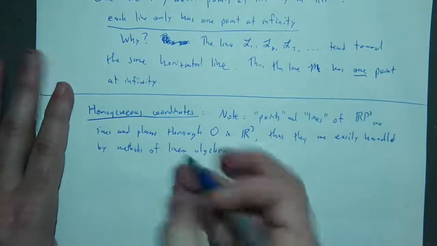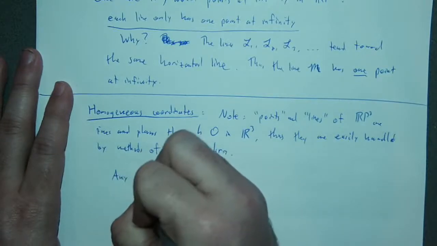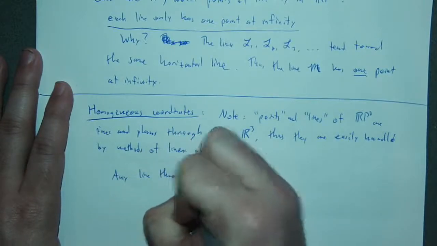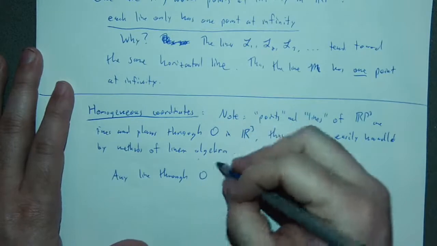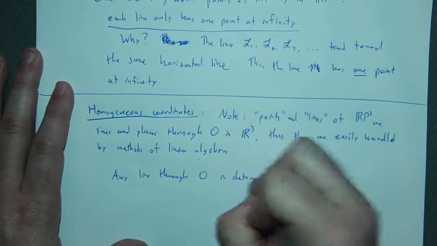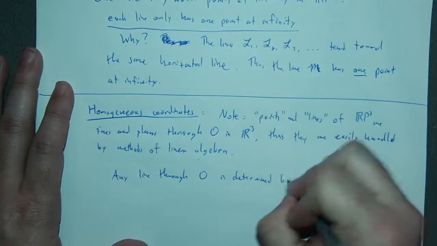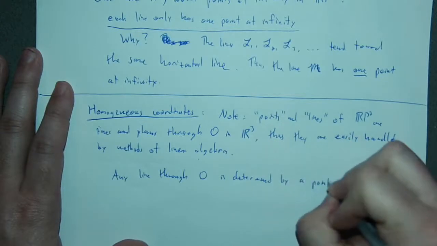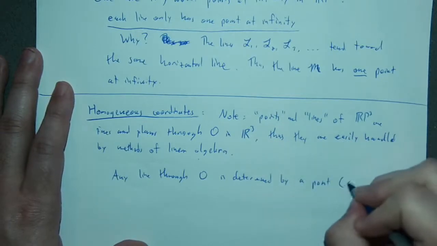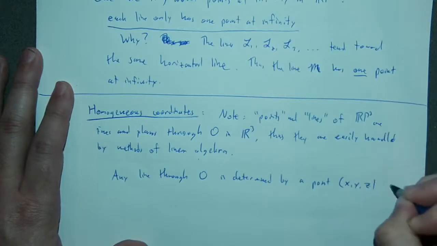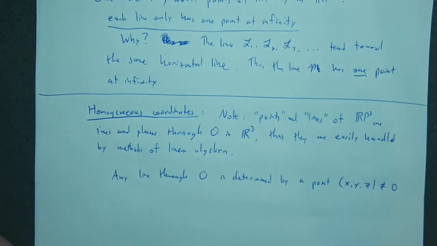Note any line through the origin O is determined by a point that is not the origin. So it's determined by a point xyz that's not the origin, and thus, using our linear algebra, you can think about this as vector algebra stuff.